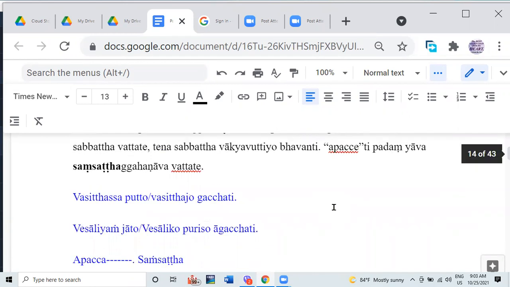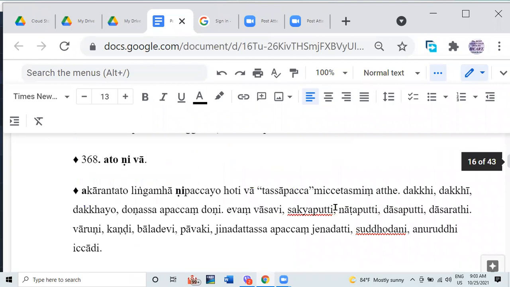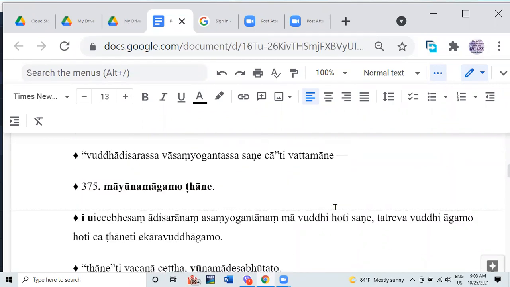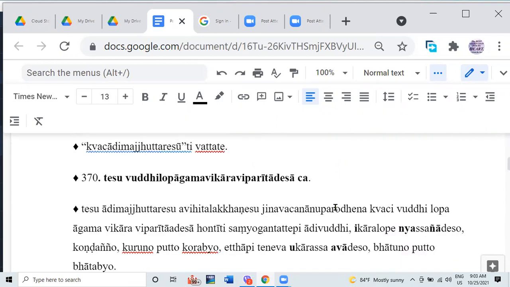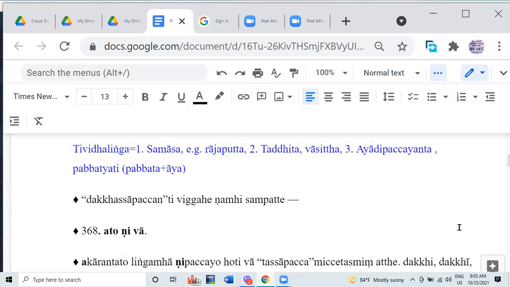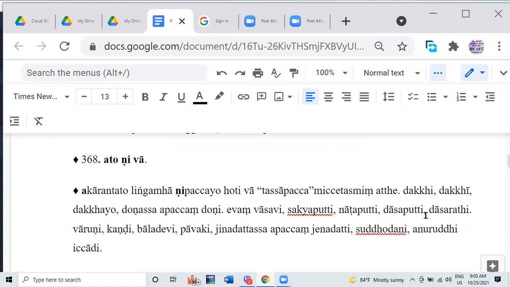In this case, Dakkhi, Dakkhayo, these are masculine.